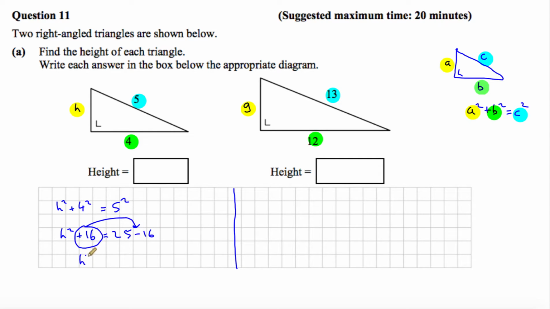So I have H squared is equal to 9. So I know that H is equal to plus or minus 3, but because this is a length, I can just say H is equal to 3. So that's my first answer, H is equal to 3.